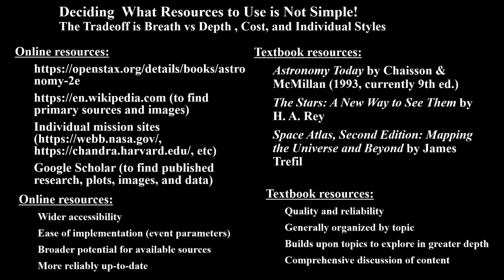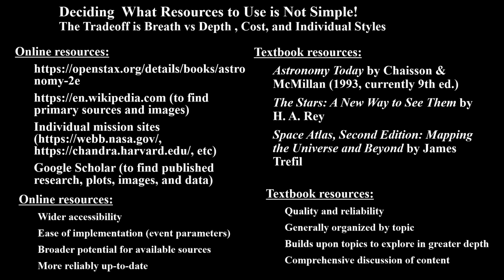If you look down at the last one for online resources, you see Google Scholar, because once you get a fundamental understanding of the content and you're ready to go deeper, you're more interested in what's going on way beneath the level at which we are operating, you can go to Google Scholar and look at published research.